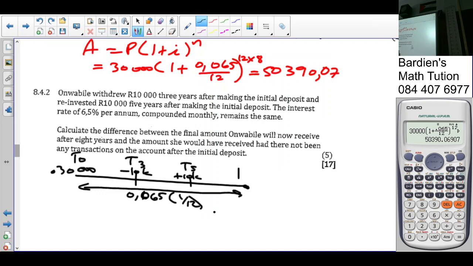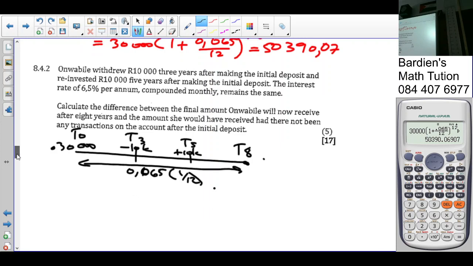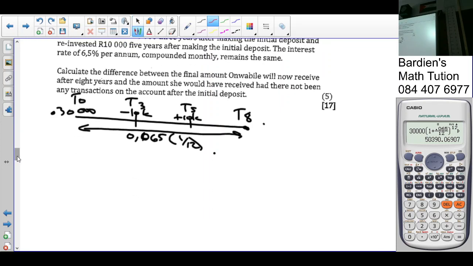So we need to see the difference between the two accounts. Here she withdrew 10,000 Rand and 2 years later she deposits the 10,000. So we're going to see how much interest she would lose in the second scenario. Okay? So, timeline question.